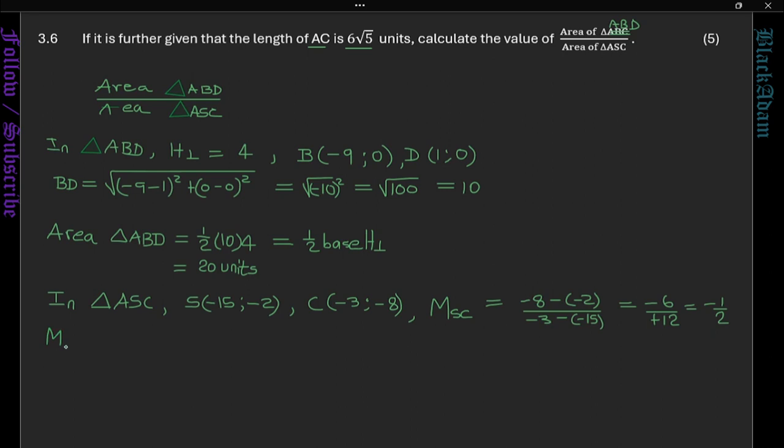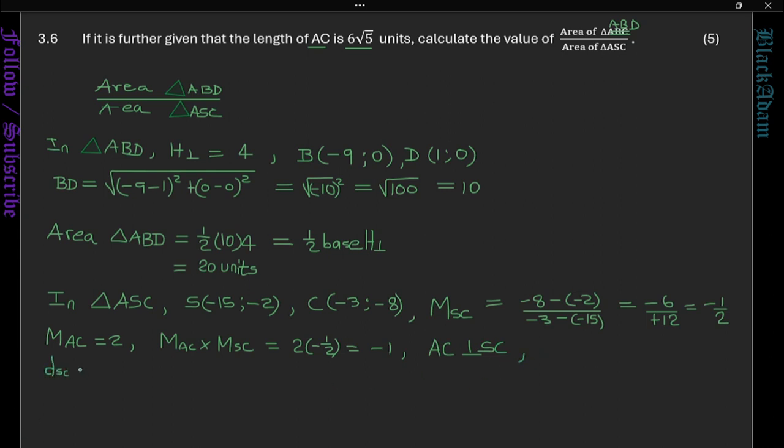And then gradient AS, that is going to be, the gradient is 2. So when you multiply the two gradients together, it's 2 times negative 1 over 2. That gives us negative 1. So AC is perpendicular to SC.